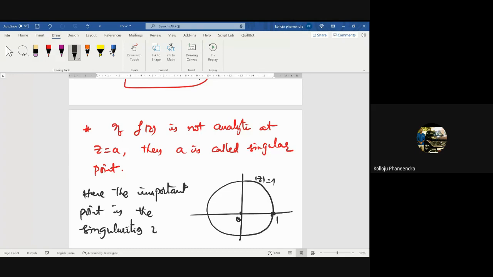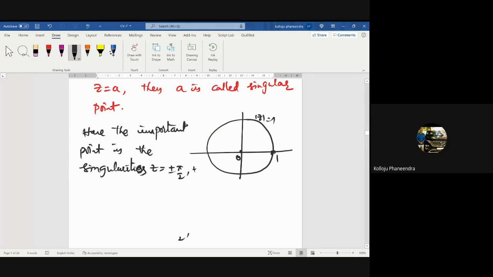What are the singularities? z equal to plus or minus pi by 2, plus or minus 3 pi by 2, and so on. See, all of you remember, what is plus pi by 2? 3.14 something by 2, that means 1.57. It is greater than 1.